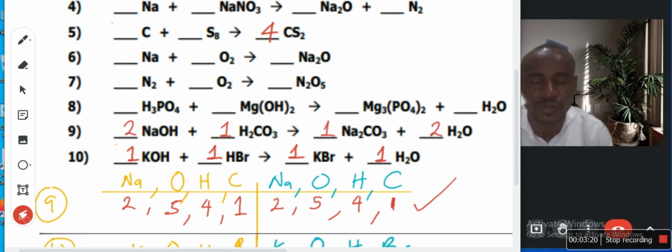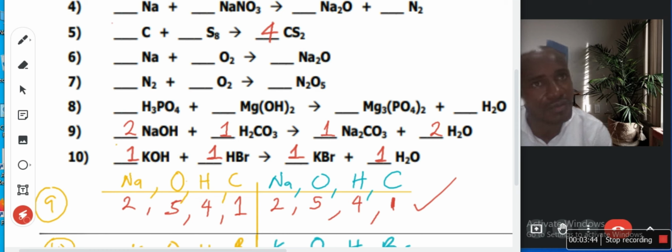Which middle one? The dash sulfur 8. How many atoms of sulfur do you have on the reactant side? I ask you again. 8 on the reactant side. How many atoms of sulfur do you have on the product side? 8. So sulfur is balanced.